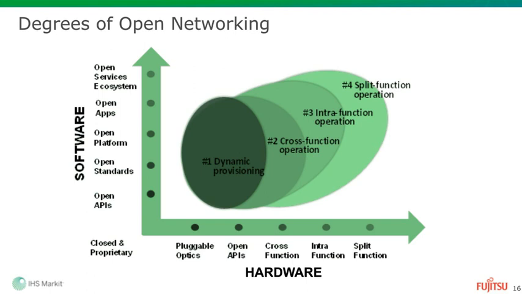In hardware, the use of pluggable optics was an early use of openness made by a select group of component manufacturers and used on multiple optical line platforms from systems vendors.